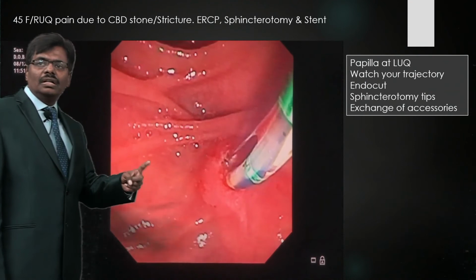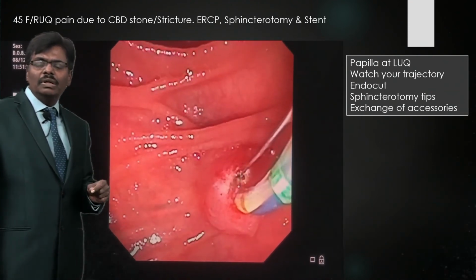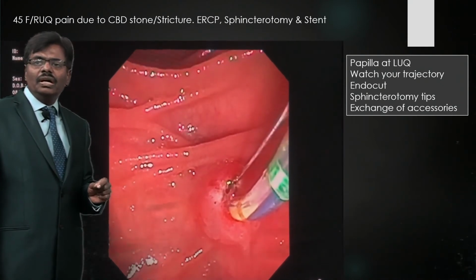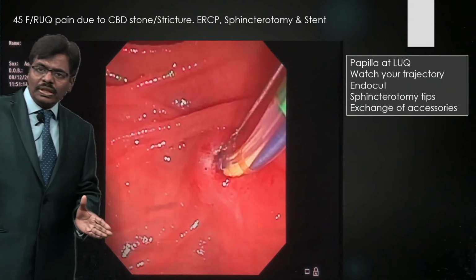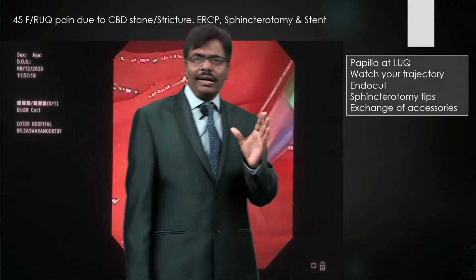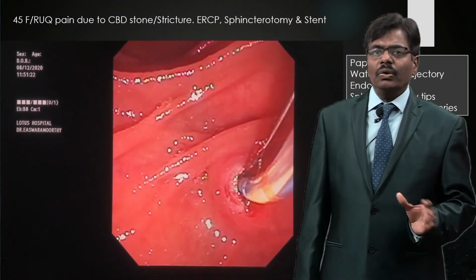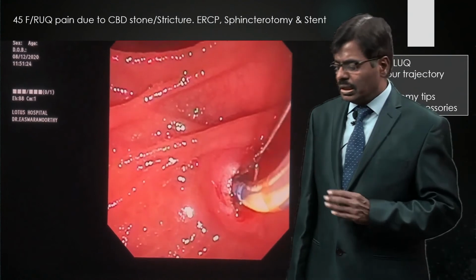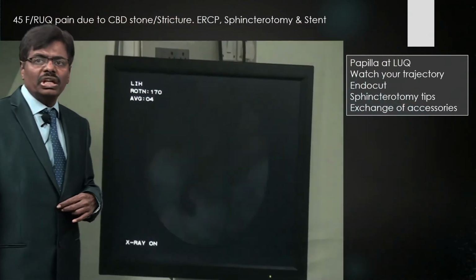And this is the way endocut should be done, a millimeter at a time, and always watch, okay. That is the best way, so that there is nothing like a zipper or uncontrolled cut. A controlled cut, a clean cut with hemostasis. This is only by endocut with the yellow pedal. Without that, I won't recommend that an ERCP can be done safely.